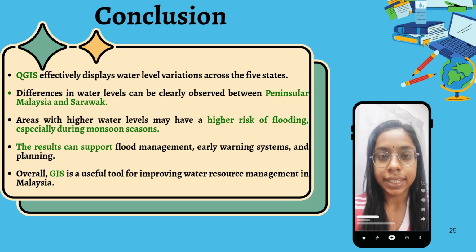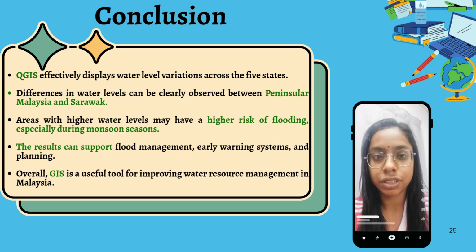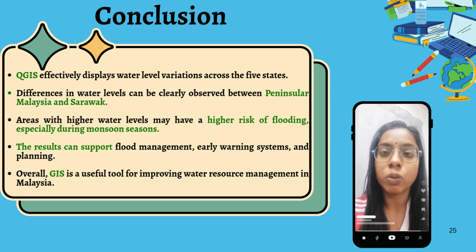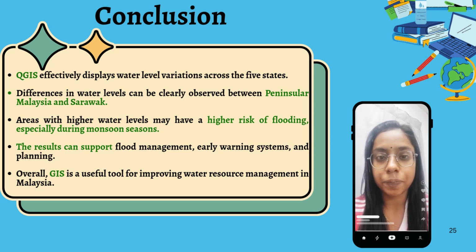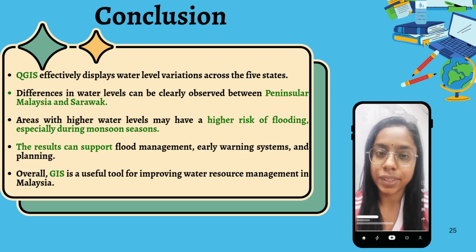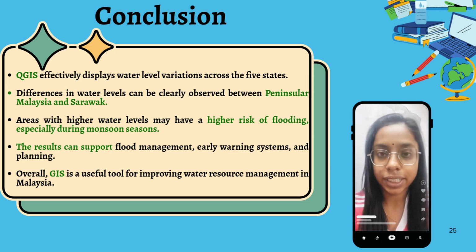Areas with higher water levels may have a higher risk of flooding, especially during monsoon seasons. These results can support flood management, early warning system, and planning. Overall, GIS is a useful tool for improving water resource management in Malaysia. That's all from us. Thank you.